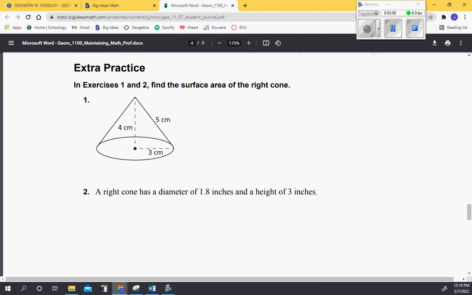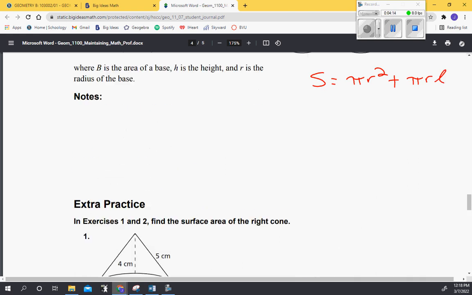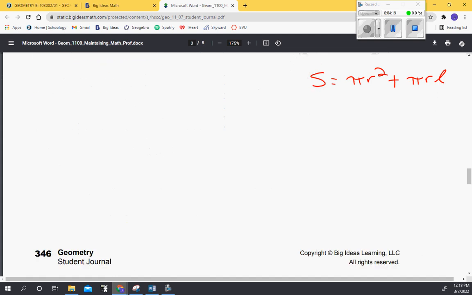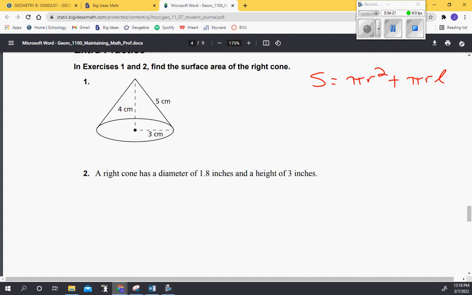Okay, first thing, find the surface area of the cone. Now, surface area is equal to pi r squared plus pi r l, I think. Hold on, let me triple check there. There we go. We got pi r squared plus pi r l.